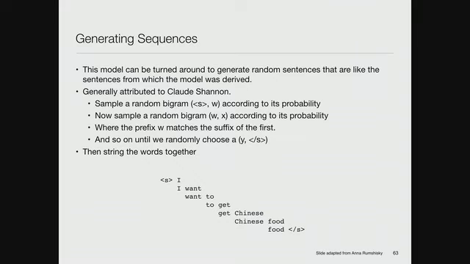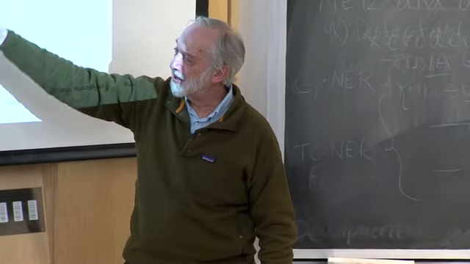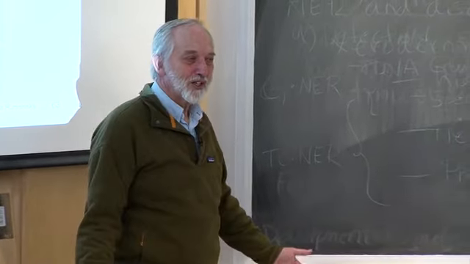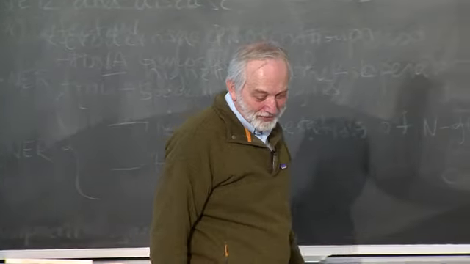Okay? So for example, here I'm generating the sentence: starts with I, then followed by want, followed by to, followed by get, followed by Chinese, followed by food, followed by end of sentence. So I've just generated, I want to get Chinese food, which sounds like a perfectly good sentence.